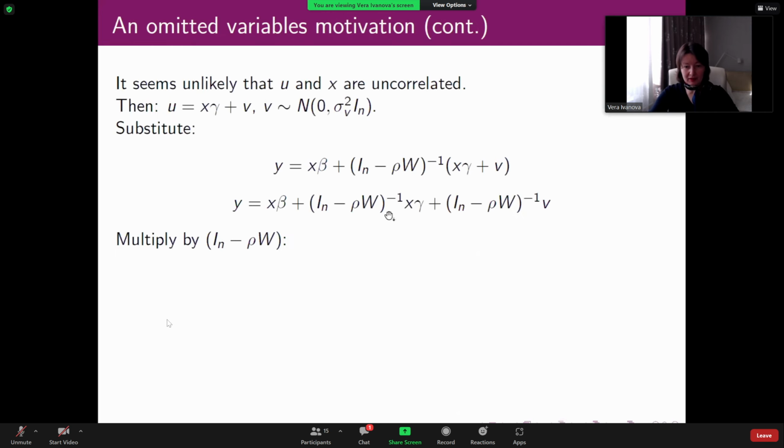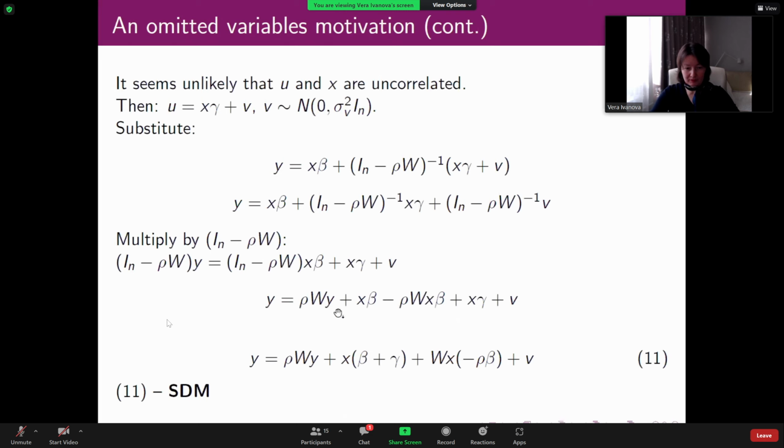I will skip this and go to the final equation we get after transformation. We get the spatial lag of the dependent variable and the spatial lag of explanatory variable.